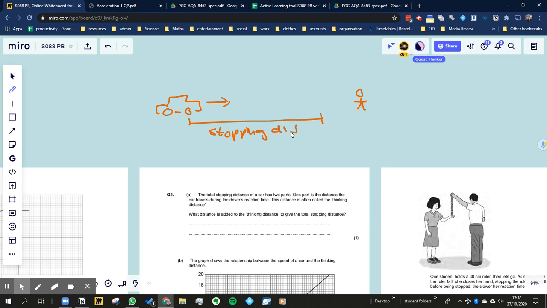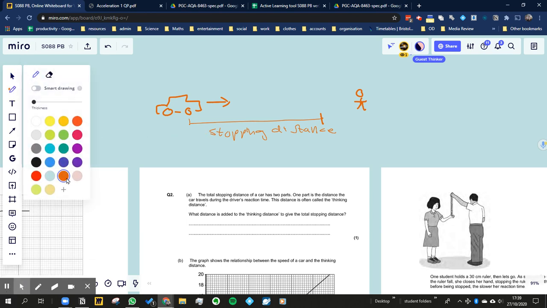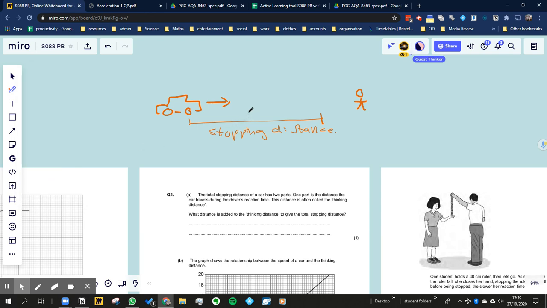Now, if we think to ourselves, what is the stopping distance down to? What is it affected by? Have a little think about what things the stopping distance would be affected by. Basically, this stopping distance gets broken down into two distances. Let me first think about what would cause it to stop.